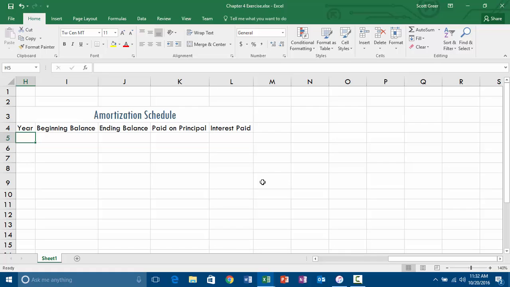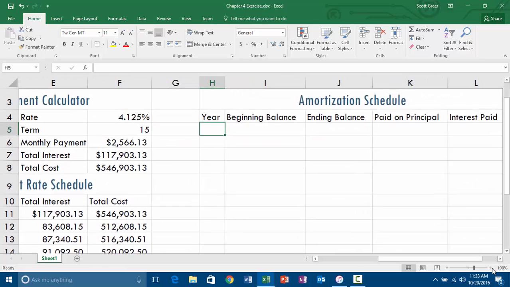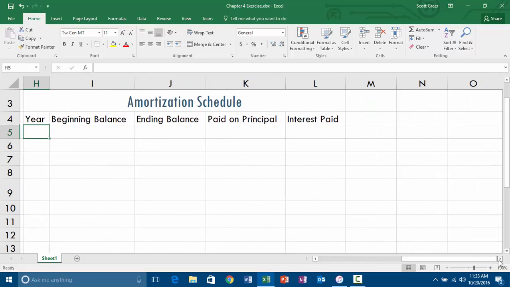Everybody's still typing, so I won't go ahead yet. All right, is that right? Year, Beginning Balance, Ending Balance, Paid on Principal, Interest Paid. I'm zooming in, sorry. Does that help?